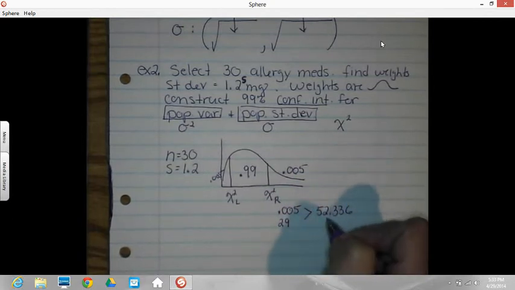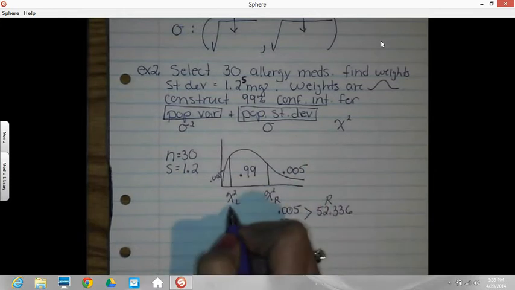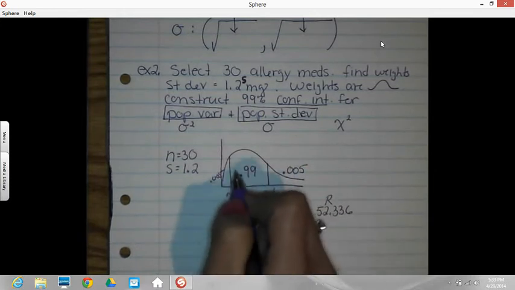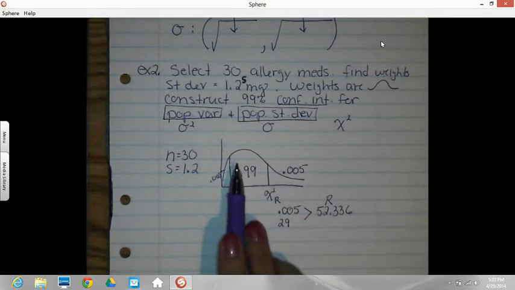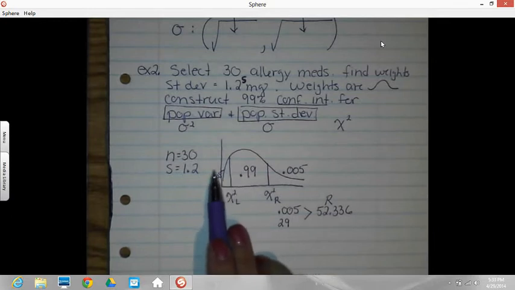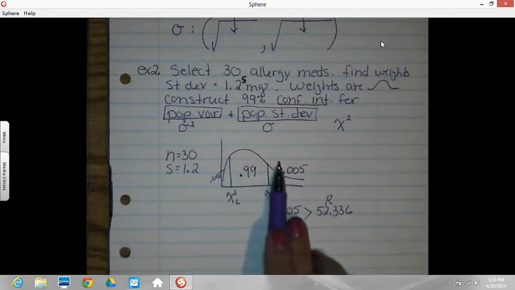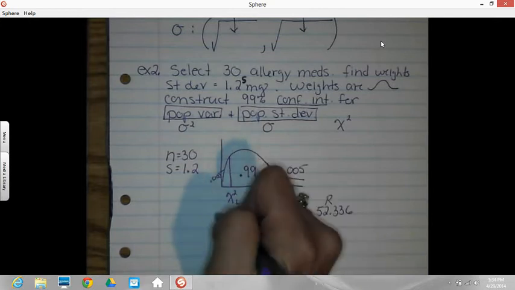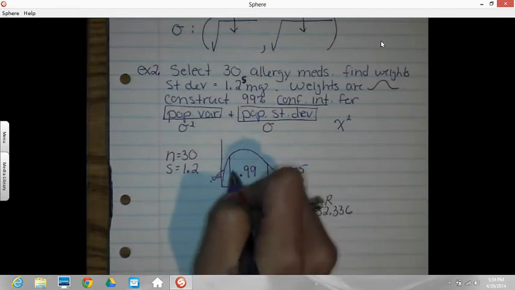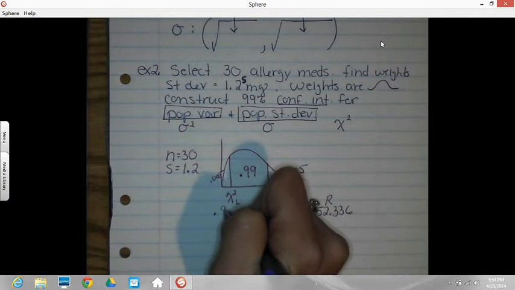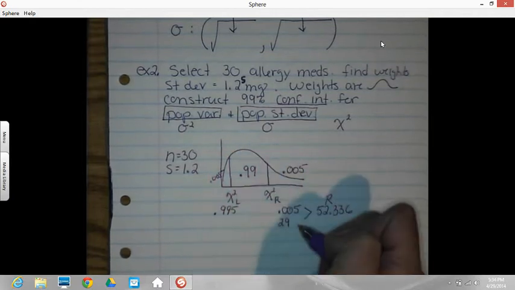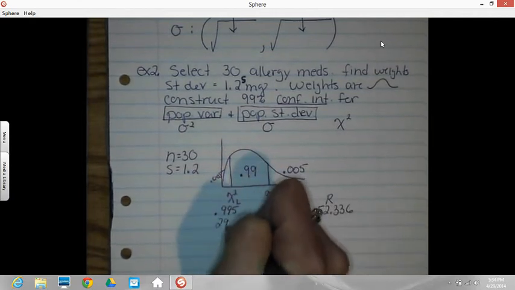There's my right one. My left one, I need to look up the total area to the right of this left value. Well, there's 0.005 behind me. That means there's 0.995 in front of me. So not just the 99, I have to add on that tail piece. 0.995 and the 29 degrees of freedom.